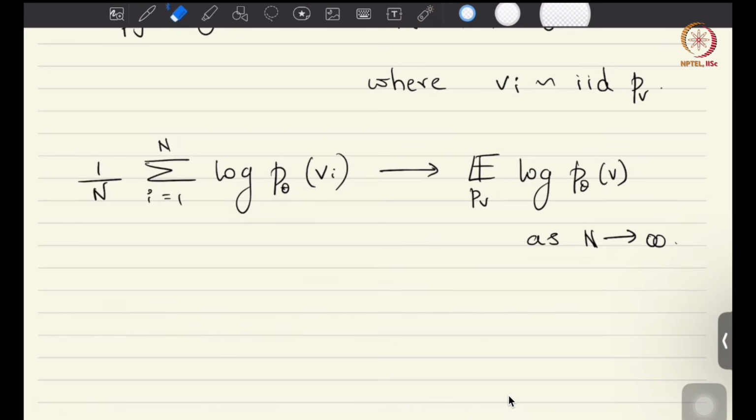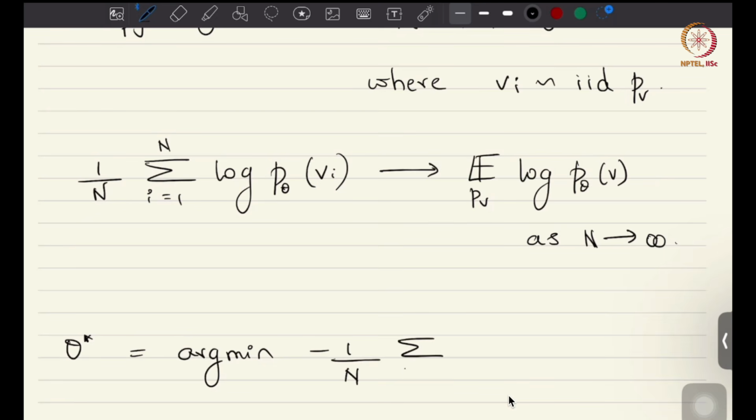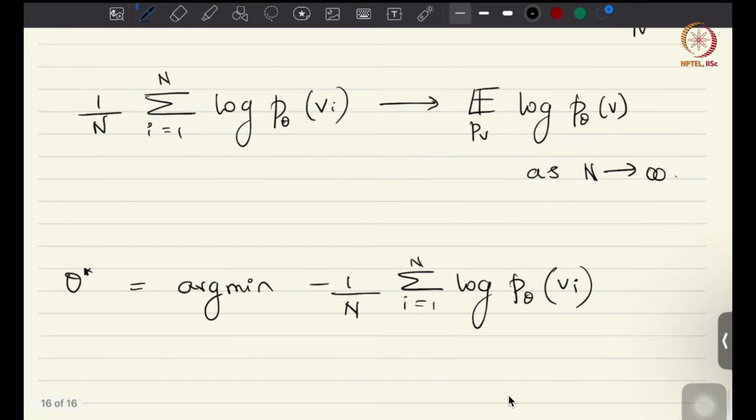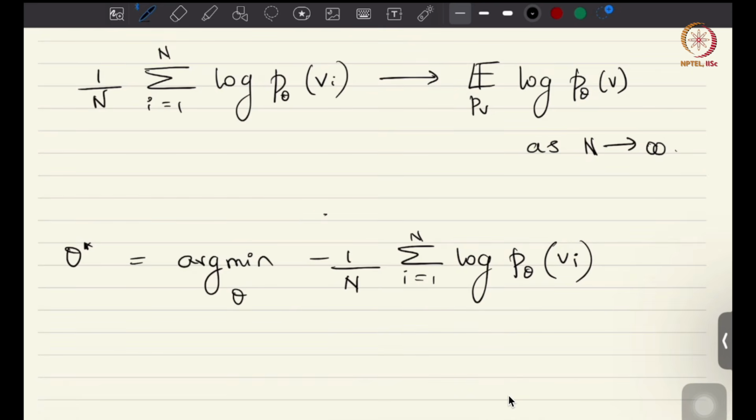So what we are doing is that by considering a large amount of samples, we are approximating the expectation using sample averages. Now our optimization problem boils down to the following. We want to seek the minimizer of the negative of the sample average of log p theta of Vi, where Vi is sampled IID from PV.